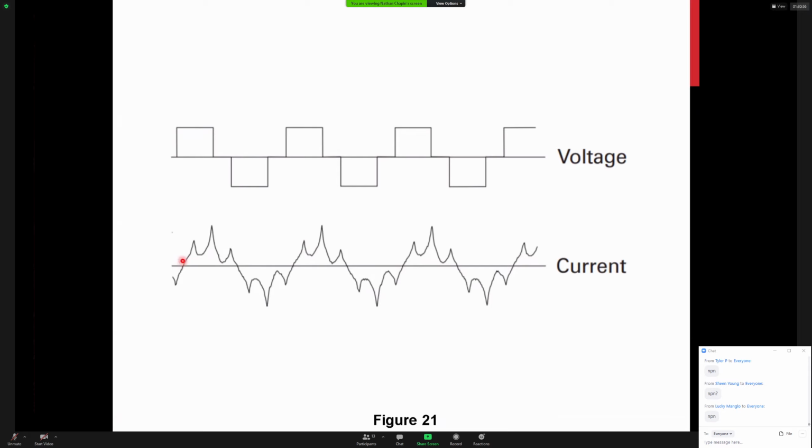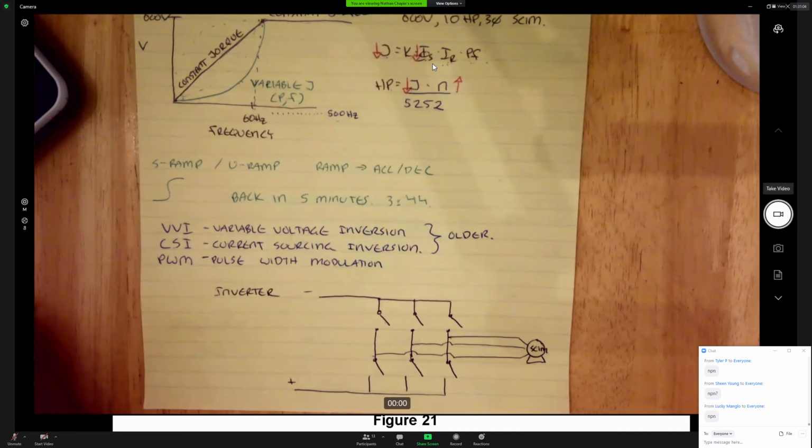So whenever we have sharp rises and drops in current, that causes a very similar rise and drop, if we look at this formula, in torque, because it's not following the same line that it used to in our graph without variable frequency drive control.